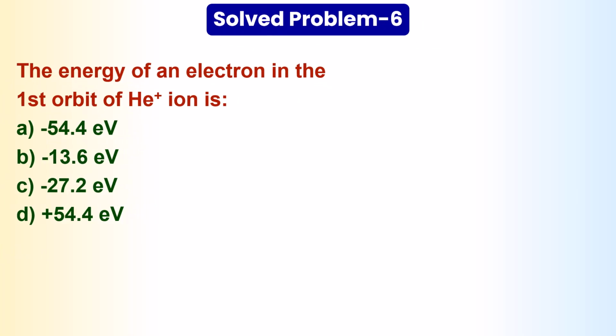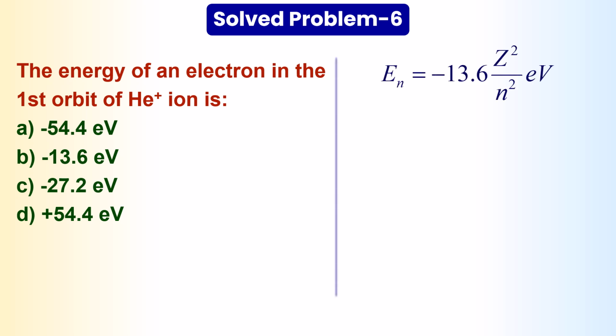Now let us move on to problems involving ions that are isoelectronic with hydrogen. In this problem, we need to find the energy of an electron in the first orbit of the helium plus ion. We use the same shortcut formula. The value of Z is 2 for helium and n is equal to 1 since the electron is in the first orbit.